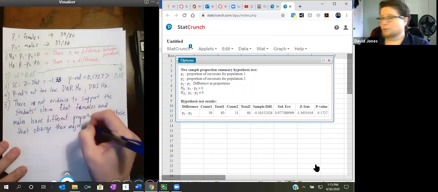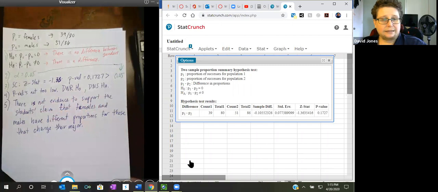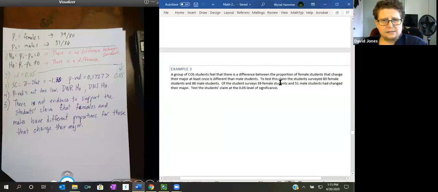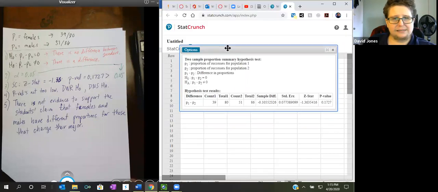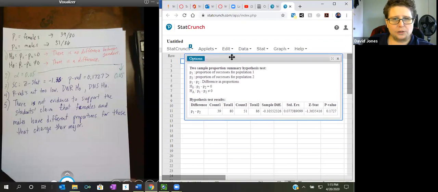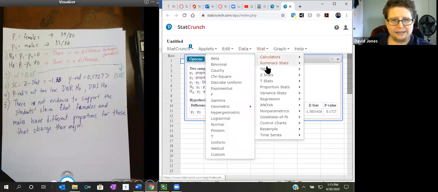And I'm literally pulling that directly from the word problem. Test the student's claim that there's a difference between the proportion of female and male students that do it. I do want to point out to you, this is when I had it in this order. Let's change the order, let's do the test again.